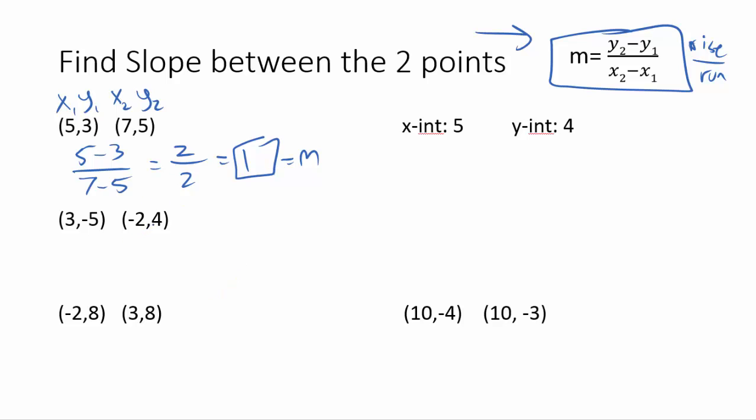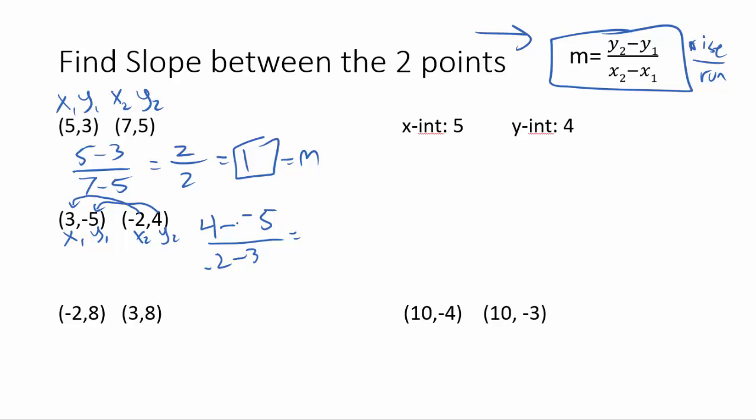Let's try another one. We'll do x1, y1, x2, y2. We'll take the difference in the y's, which will be 4 minus -5, which we'll talk about in a second. So we're subtracting the y's, and now we need to subtract the x's, which would be -2 minus 3.